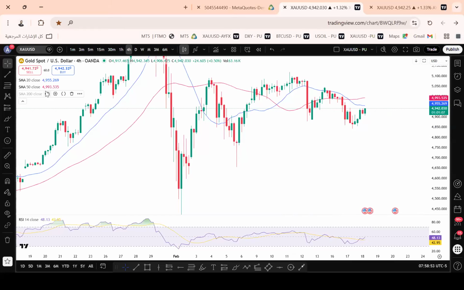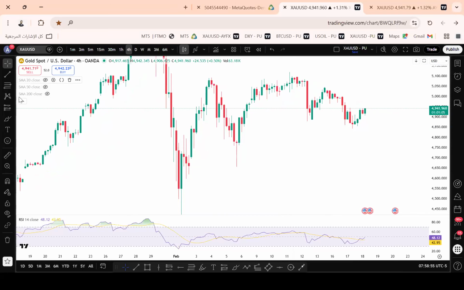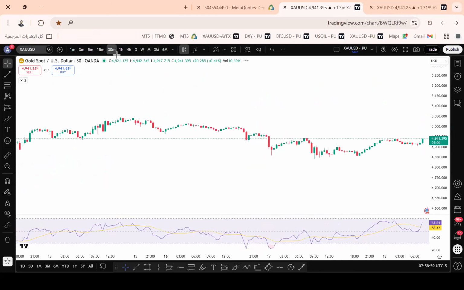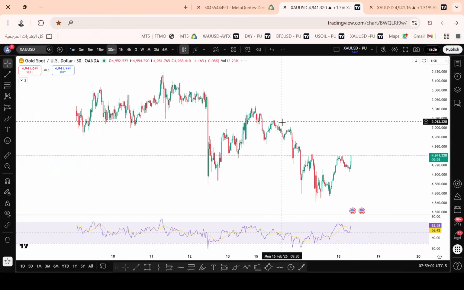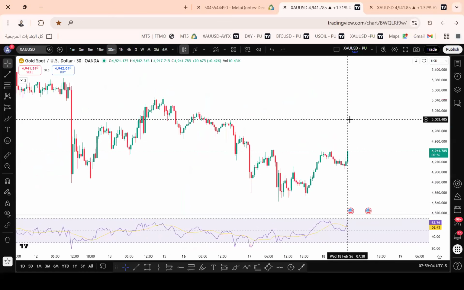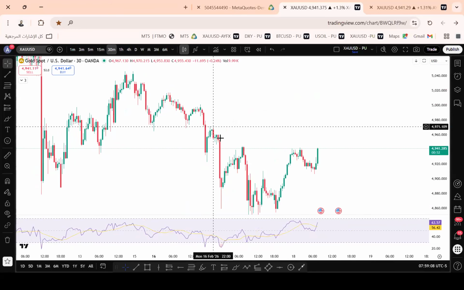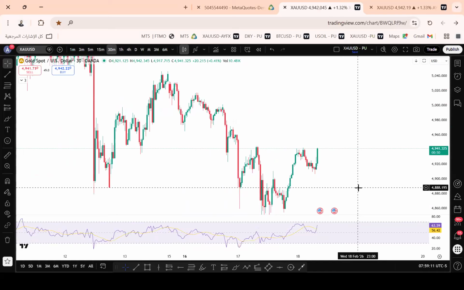Okay, so how do we apply the Fibonacci? For example, here, let me just remove all of these things. Let me go to the gold here on a 30 minutes time frame. Now, as you can see, the price is making a low, lower low, lower low, lower low, and so on, right?